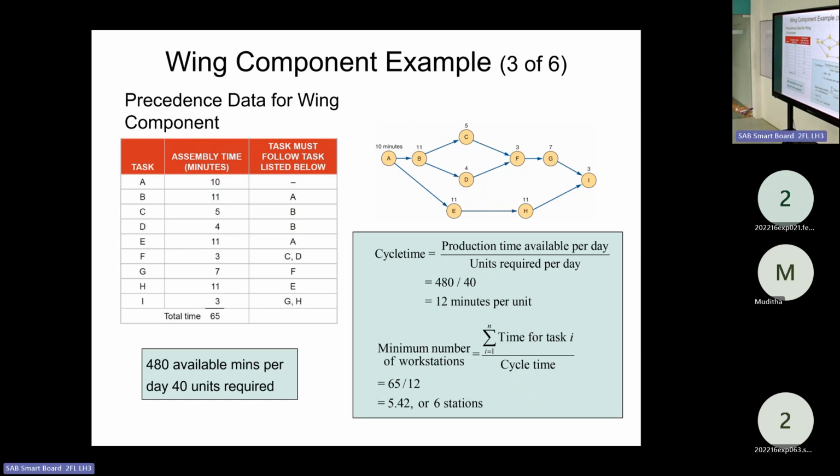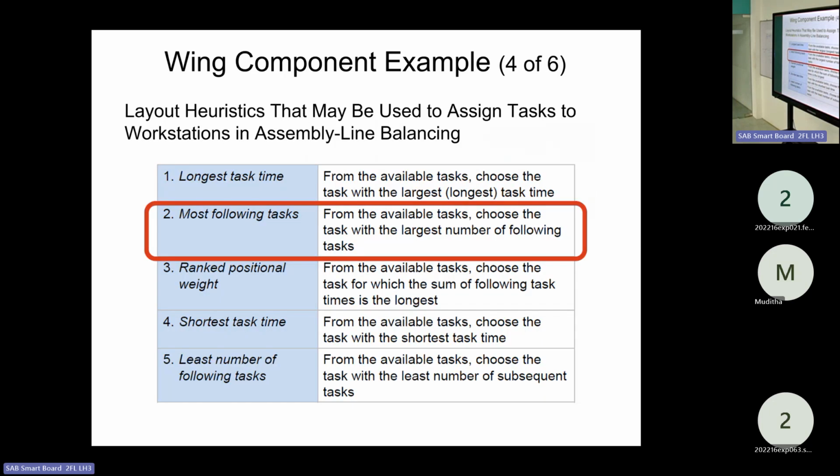So now we try to assign tasks to workstations in a way that they can be completed within 12 minutes. That is what we call equalizing the workstation times, or line balancing. When we assign tasks, we have to use some rules, which we call heuristics or assignment rules, which could be of different types.